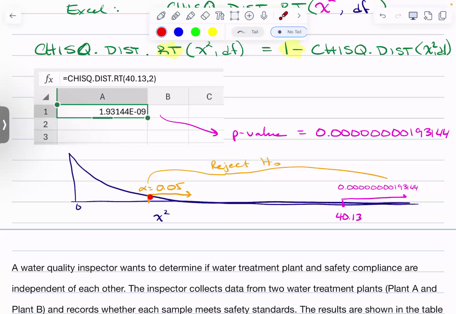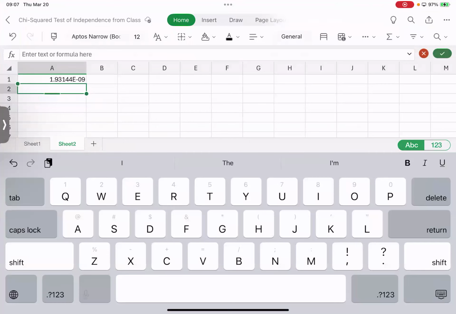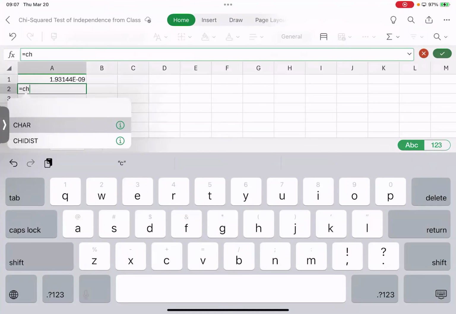We can use the inverse of the chi-squared to find what chi-squared we would start to reject H naught at. Let's do equals chi-squared dot inverse. Oh, there's even an inverse dot right tail.